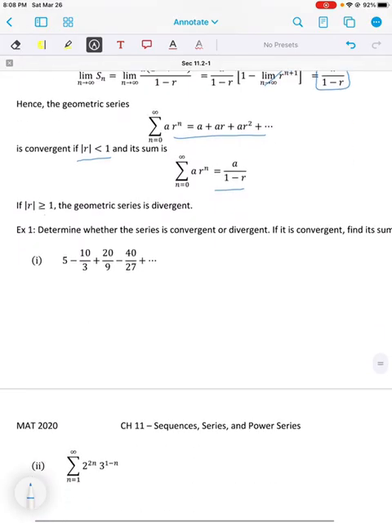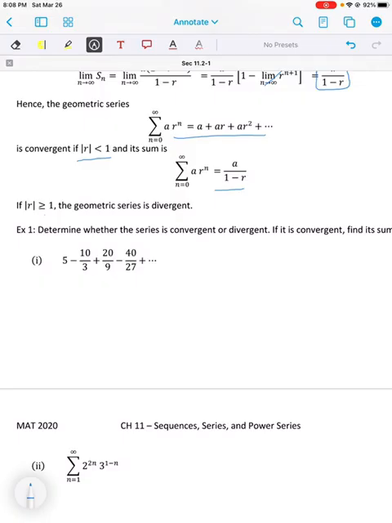Looking at some examples here, it says determine whether the series is convergent or divergent, and if it is convergent, find its sum. Okay, so we look at the first one. This is basically the first type of series that we are looking at, the geometric series. When you are given a series, the first thing you should try to see is, can I write it as a geometric series?